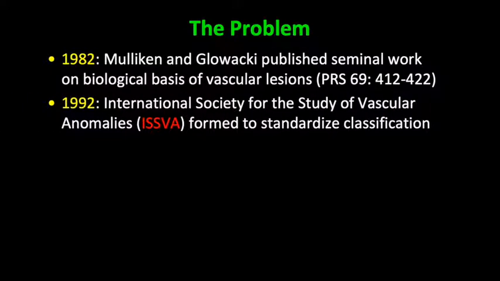About 10 years later, the International Society for the Study of Vascular Anomalies, or ISSVA, was formed to standardize the classification and nomenclature, and to have an area where all the different disciplines involved in the treatment and research of these lesions could come together.